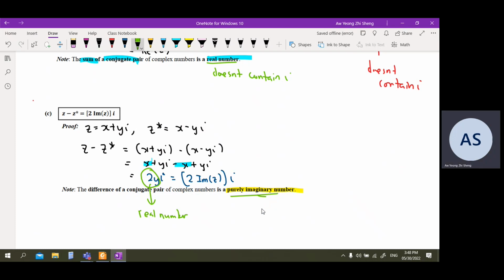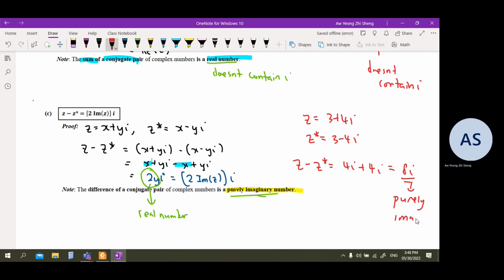It doesn't have the real term without i. So one quick example, if I have z being 3 plus 4i and my z star being 3 minus 4i, so z minus z star is obviously 4i plus 4i, and that gives you an 8i, where this is a purely imaginary term. Okay.